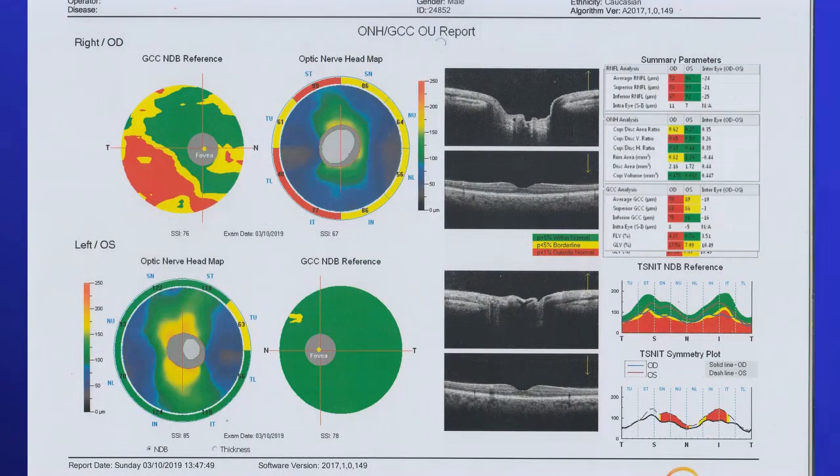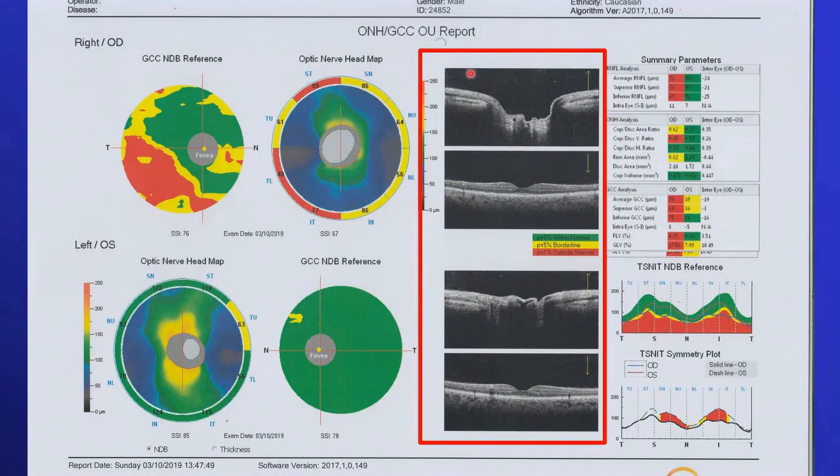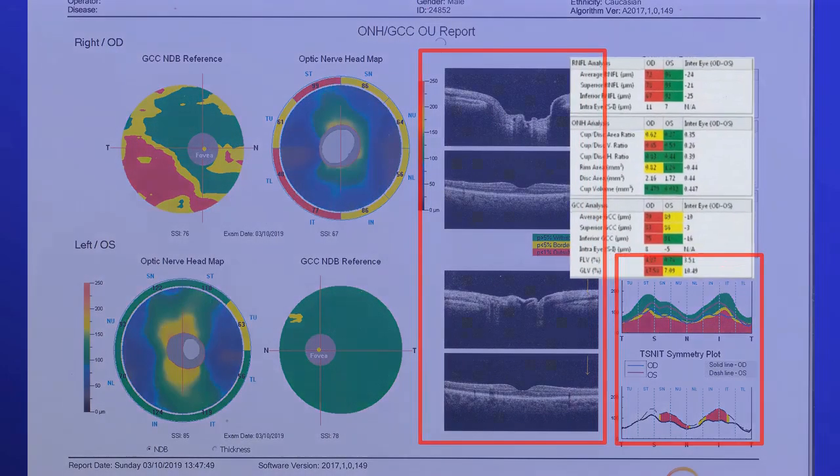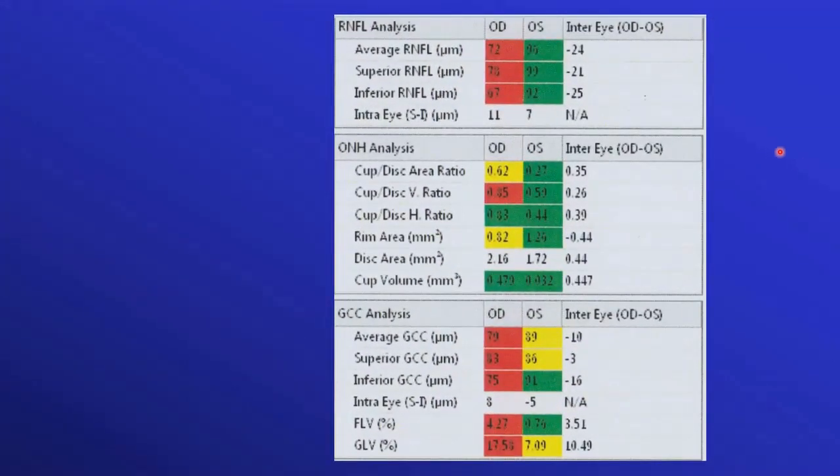New software can show the section and the disc section in the macula to be sure of the segmentation. Here, comparison between both eyes, and these are the different parameters of the retinal fiber layer, optic nerve head, and ganglion cell complex.